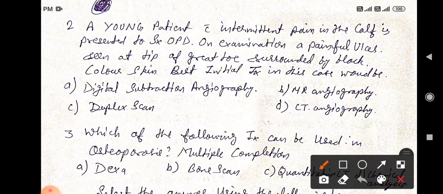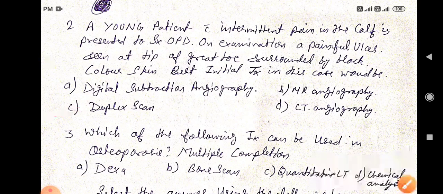Initially we always like to perform Doppler ultrasonography, so we need to do a duplex scan. If they ask for the best investigation or most sensitive, we need to go for CT angiography or digital subtraction angiography. So here the initial investigation is duplex scan, Doppler ultrasonography.